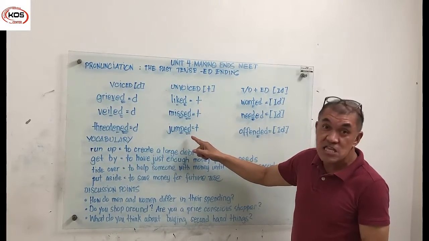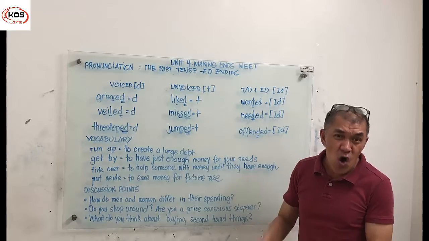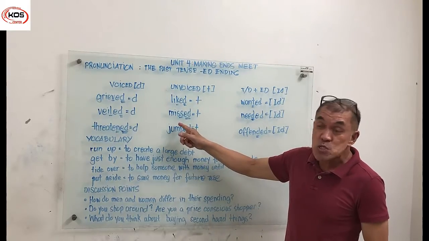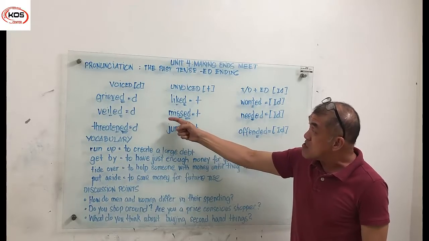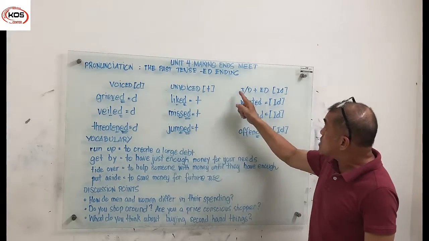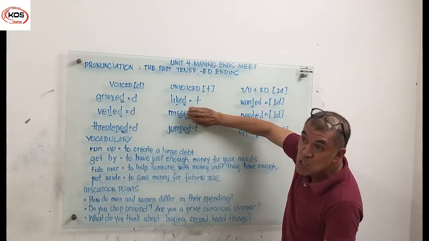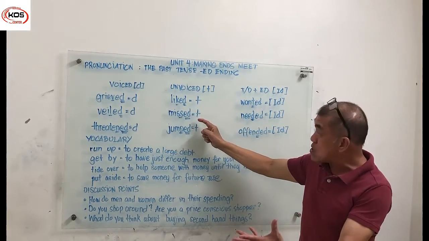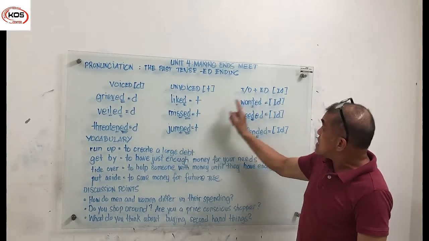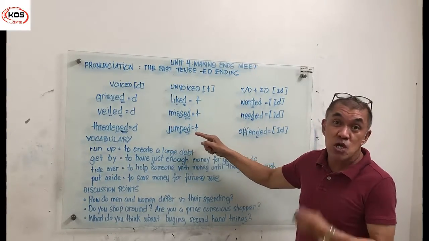This word ends in an ed. They say jumped. No, they are pronounced as missed and jumped. Why? Because the verbs do not end in T or D. Listen, miss. It's not a T, it's not a D. So it's going to be just a T sound, missed. Jump. It's not a T, it's not a D, so it's going to be jumped.